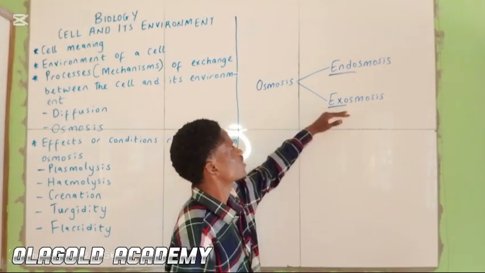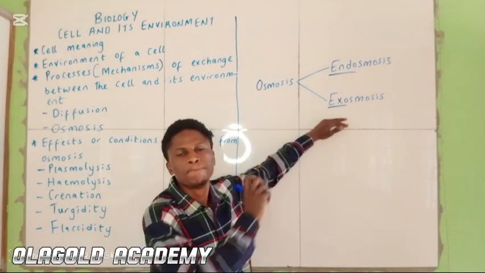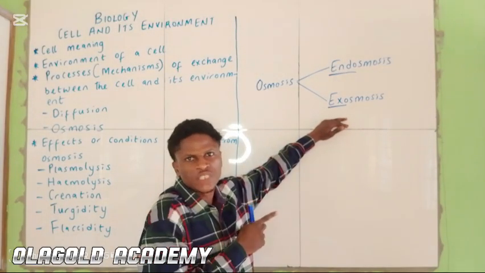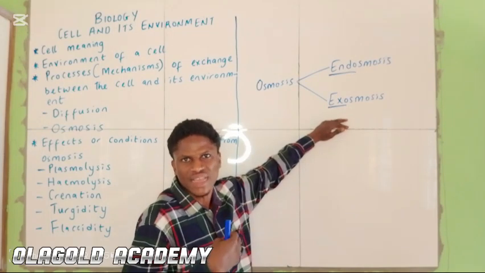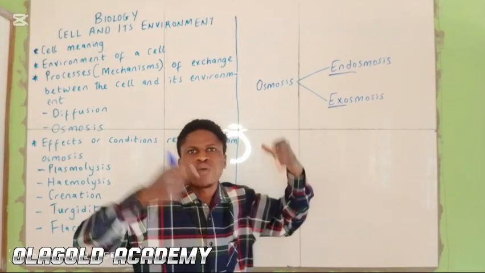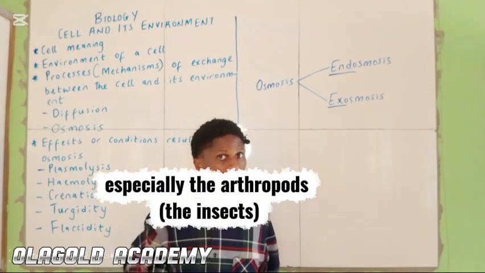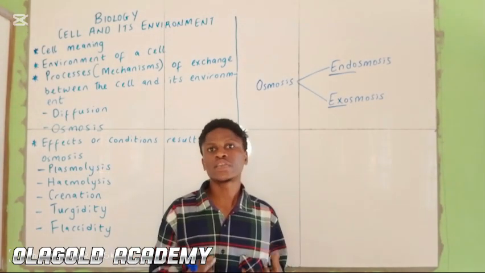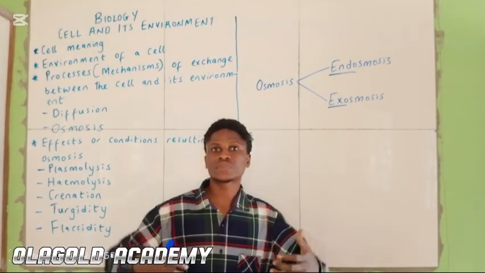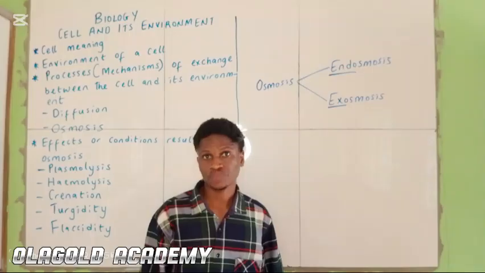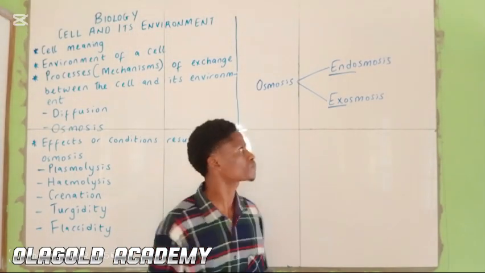Now we have the exoskeleton possessed mainly by the invertebrates, like crabs possess exoskeleton, that is outer skeleton. Exoskeleton means outer skeleton. Like the prawn has exoskeleton. Ants have exoskeleton, meaning outer skeleton.